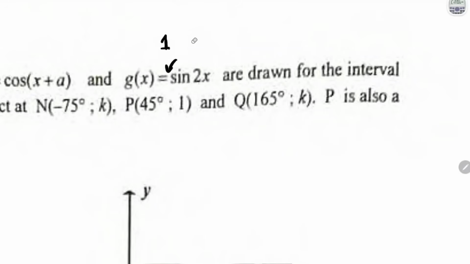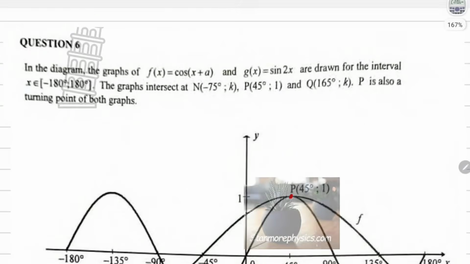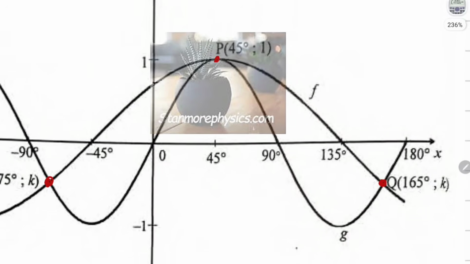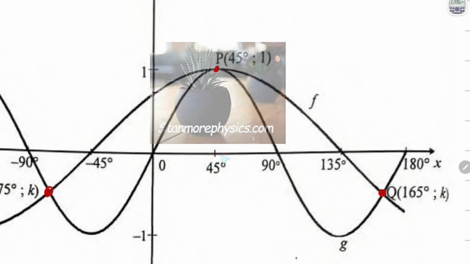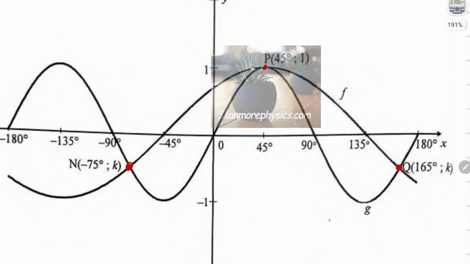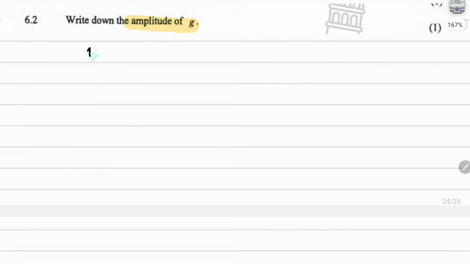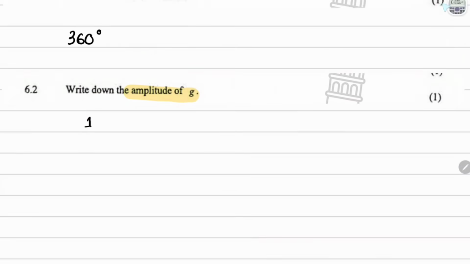You just have to consider that number there. So the amplitude would be 1. The amplitude is really just the height from the midline, from the middle to the highest point of the graph. And we can even see that in the sine graph. Yes, from the middle till the highest point is 1. So that's our amplitude. We're just going to tell them it is 1. Moving on to the next question.